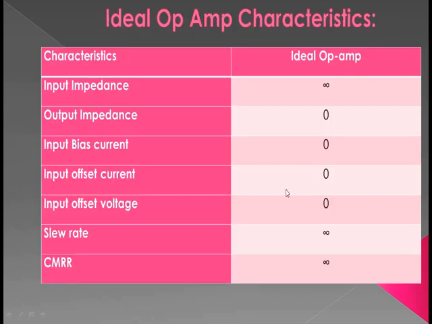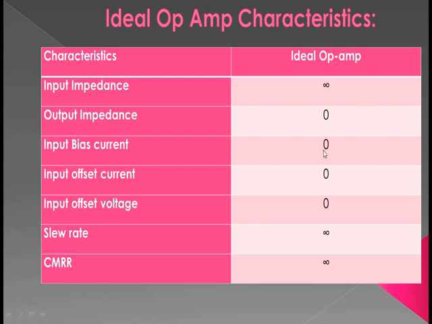Next are ideal op-amp characteristics. Ideally, input impedance is infinite, so it accepts less current from the input. Output impedance should be 0, so it gives maximum voltage to the output.